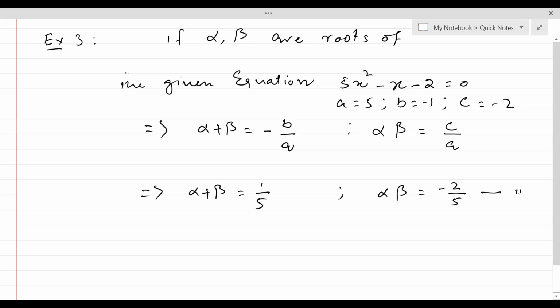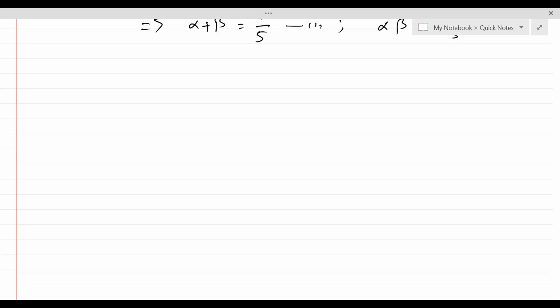So let's call this equation number 2 and call the other equation number 1. Now, the roots of the required equation.